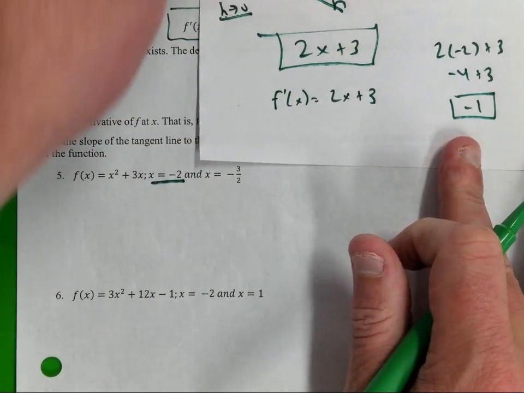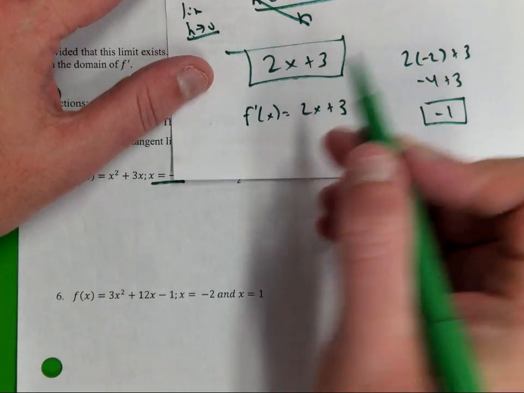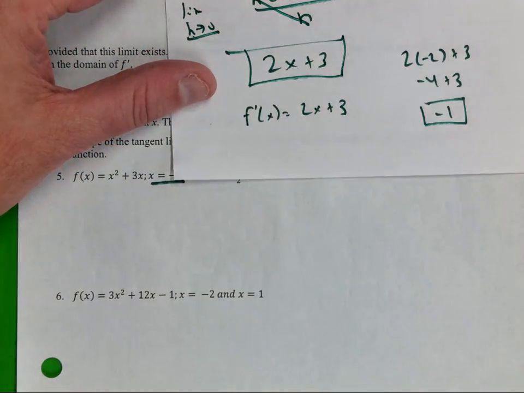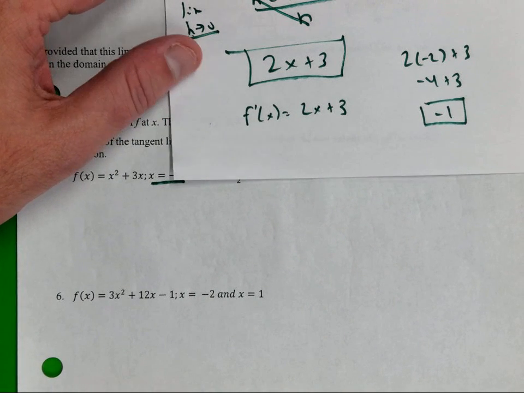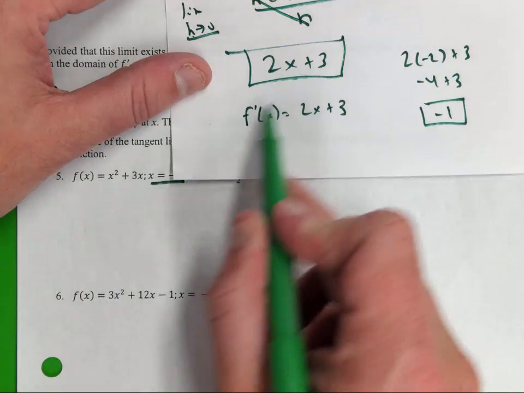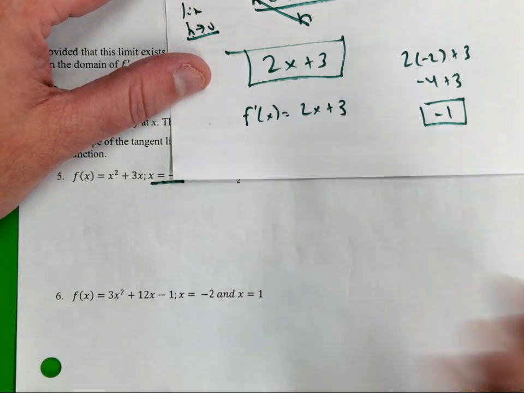All eyes up here. You see how I wrote that final answer. The derivative is f prime x equals 2x plus 3. Do y'all see that? So that is the equation of the what line? Tangent line.